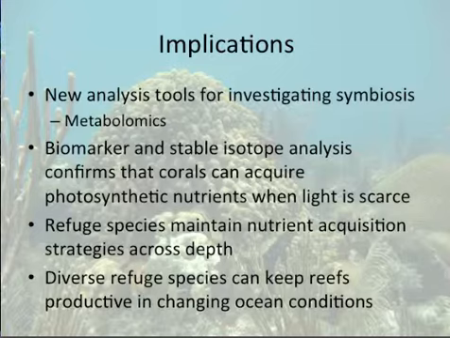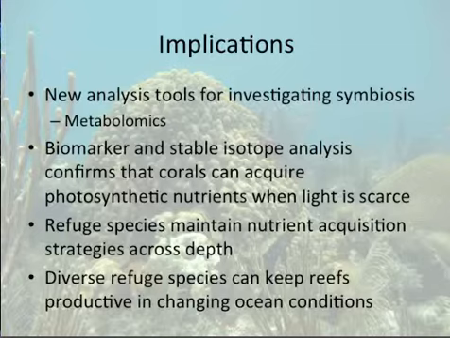And it has identified a number of biomarkers for translocation. I used these biomarkers as well as stable isotope analysis to show that corals acquire photosynthetic nutrients even when light is scarce. And the refuge species that I've talked about can acquire nutrients in a similar way even when light is very scarce.